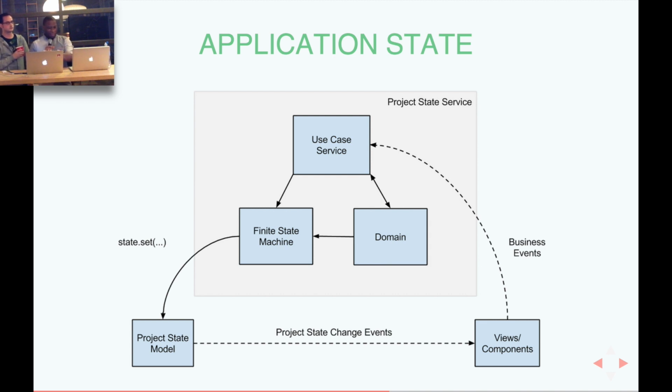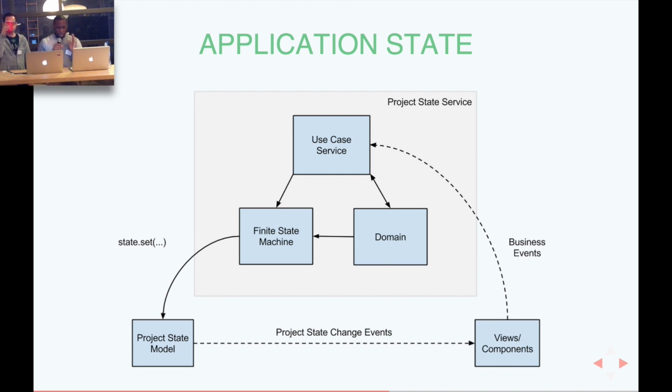So I'm going to talk a little bit about this black box. We kind of had to come up with a black box in this case because there's a lot of things going on at this high level. A lot of the complexity is baked into there, and we didn't want to have too much of that complexity dealing with data on the components level. So we pushed a lot of it into the application state.